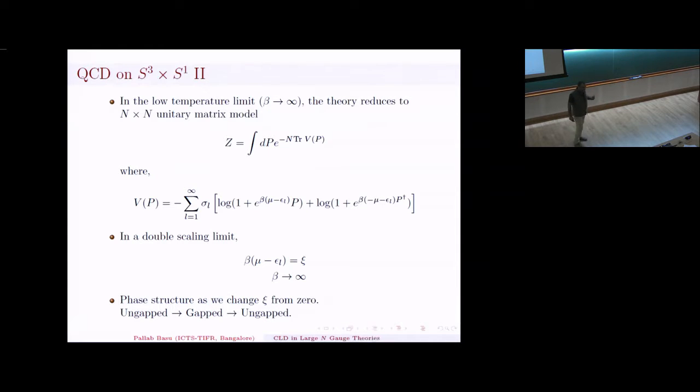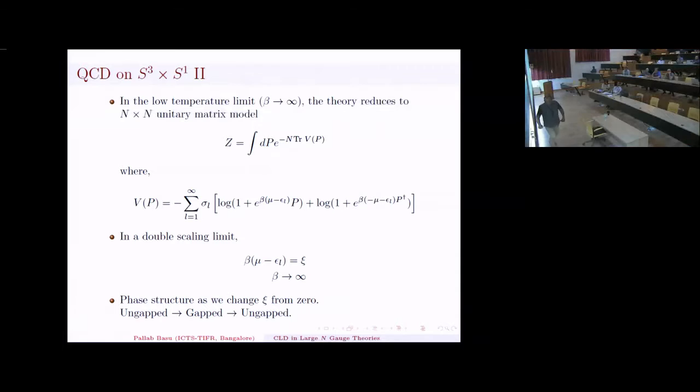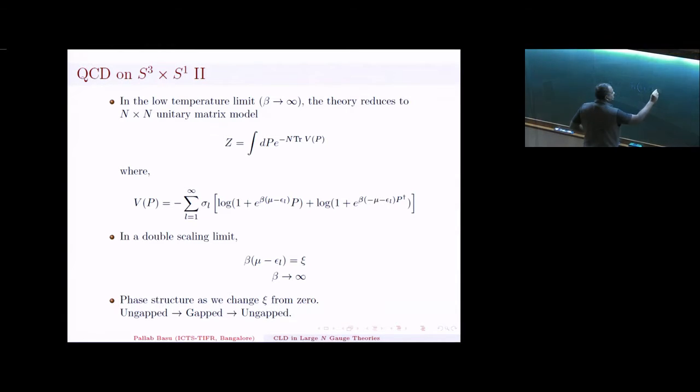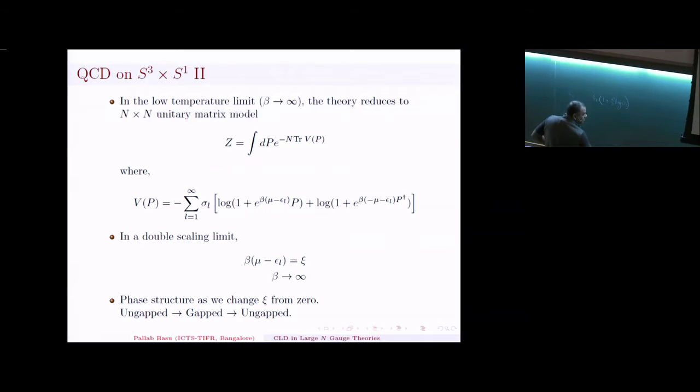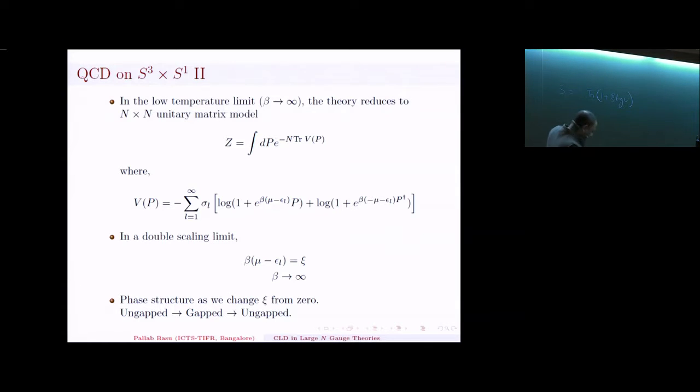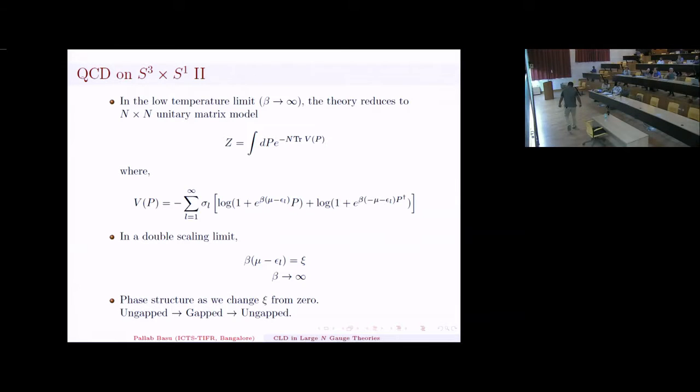And this matrix model again has a scaling limit where you get a single-level matrix model like this one. You can expand and see that the first few terms match with the simple model, and it also has a very simple phase diagram, which is either gapped or ungapped.